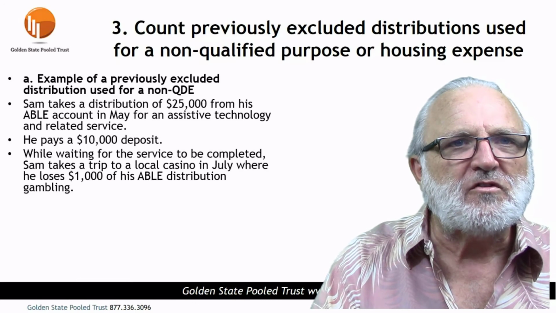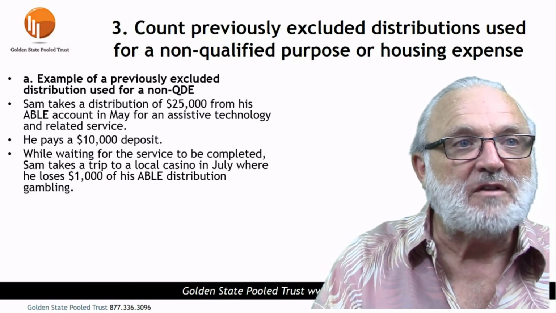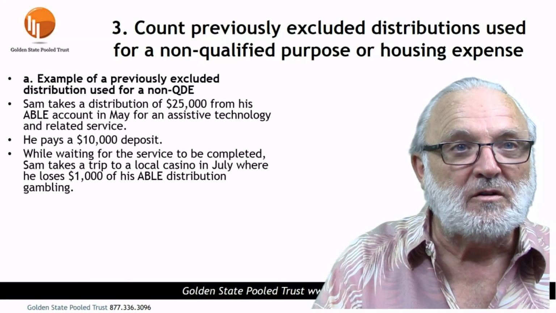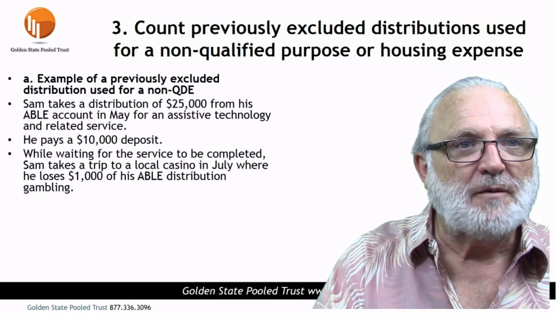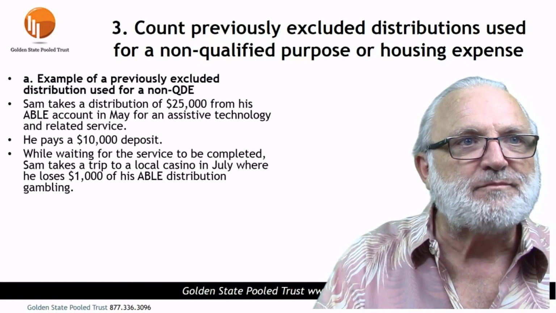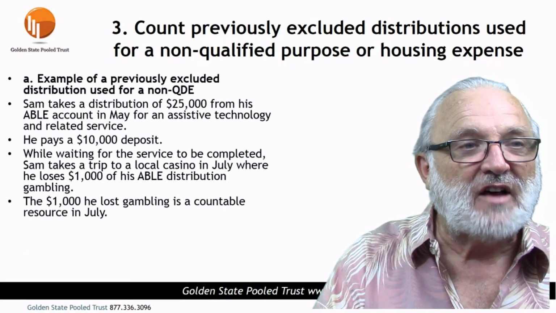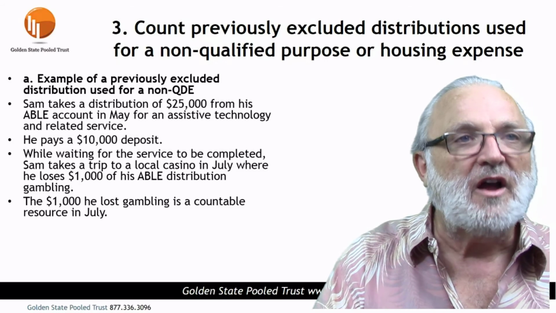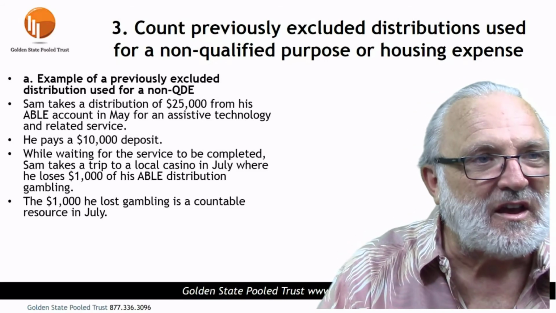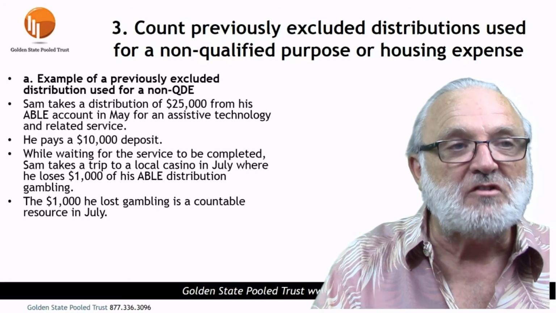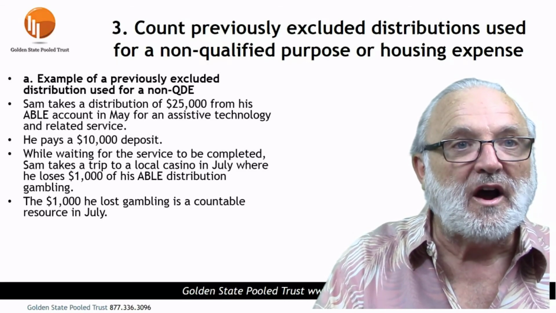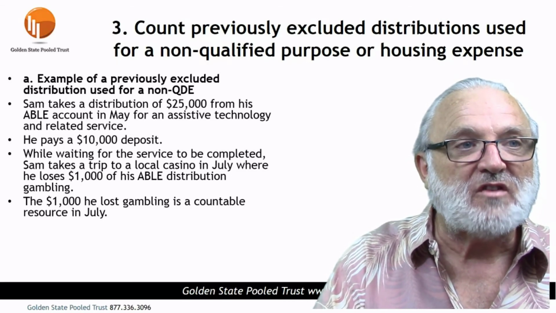While waiting for the service to be completed, Sam takes a trip to a local casino in July where he loses $1,000 of his ABLE distribution funds. Okay, the $1,000 he lost gambling is a countable resource in July. Notice the funds went into the account in May, but he used it for a non-QDE in July, and that's why it becomes a resource in July.